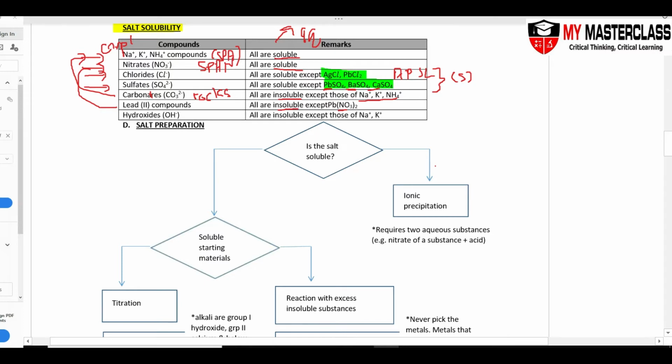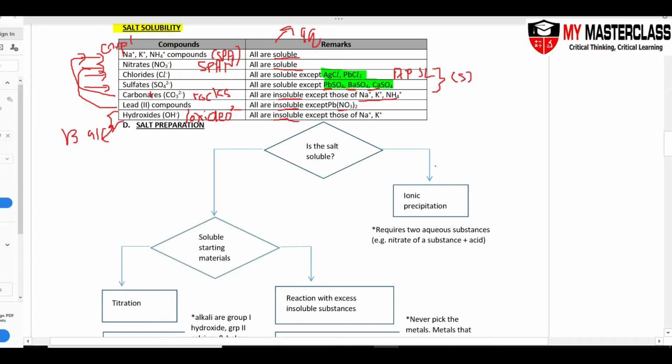And then this hydroxides, apart from hydroxides, let's write it in, oxides as well. Okay, oxides and hydroxides, oxides is your O2 minus. Oxides and hydroxides, by now you have to know they are bases and they are insoluble.